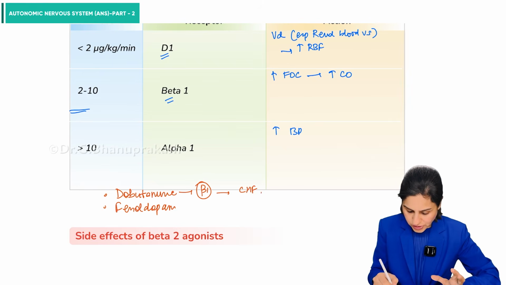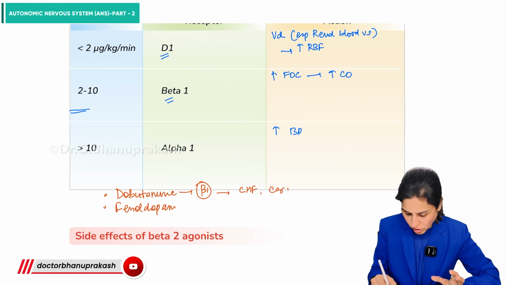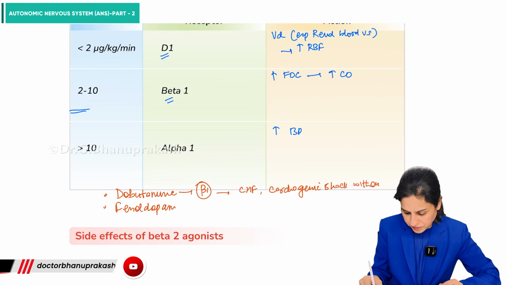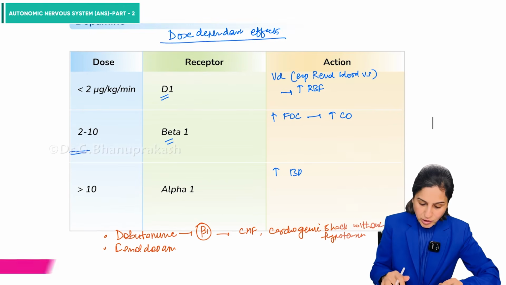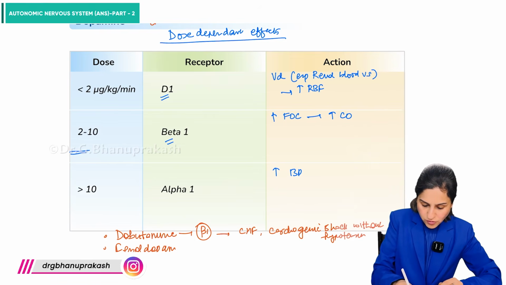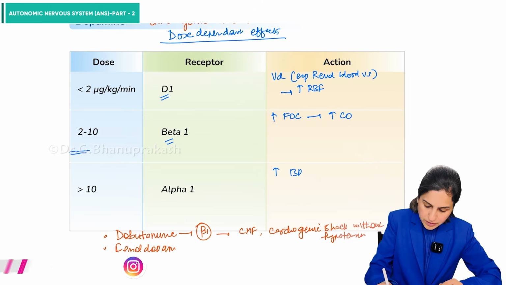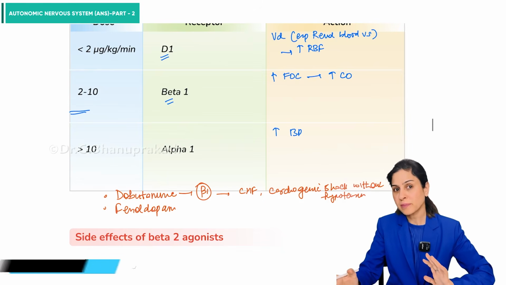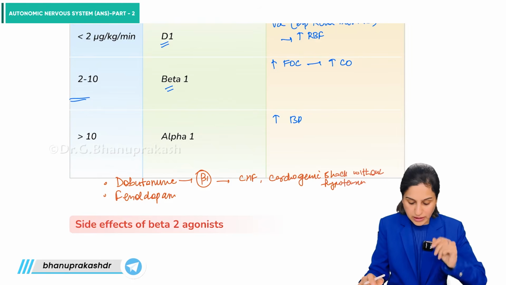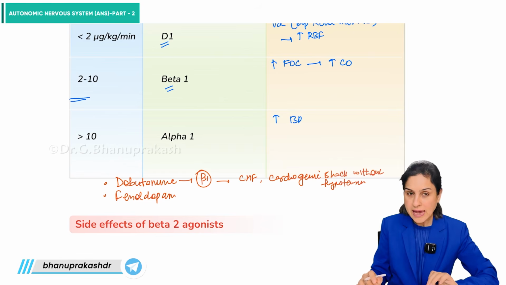And it is also used in case of cardiogenic shock without hypotension. While dopamine is used in case of cardiogenic shock with oliguria. Otherwise, if there is hypotension, we'll use norepinephrine, right? So dobutamine has this property.